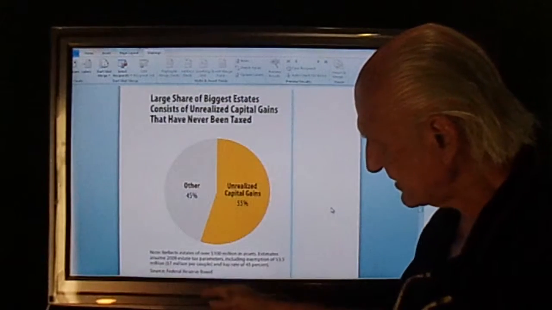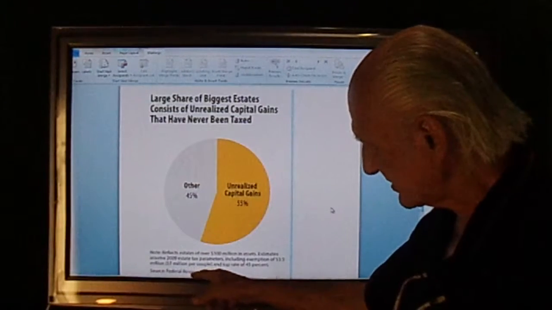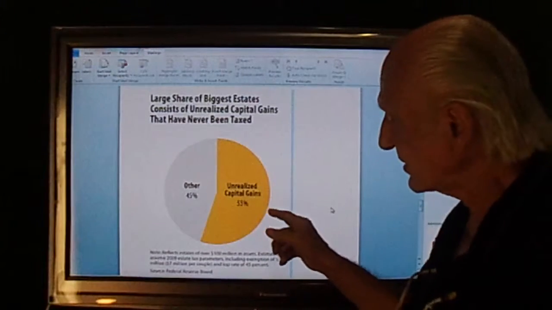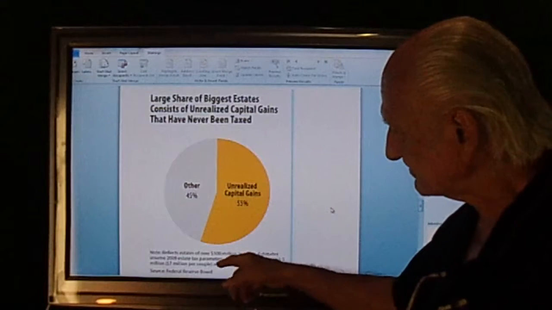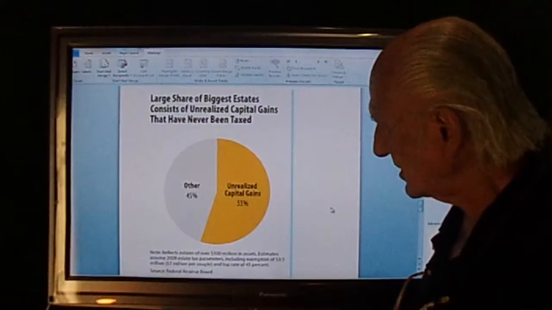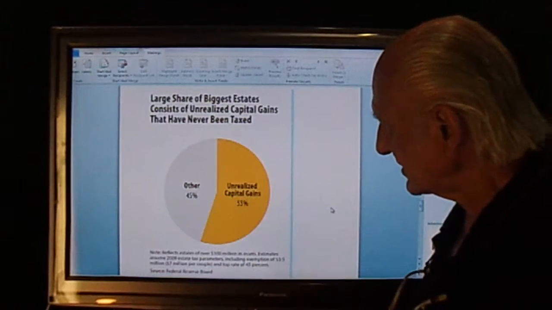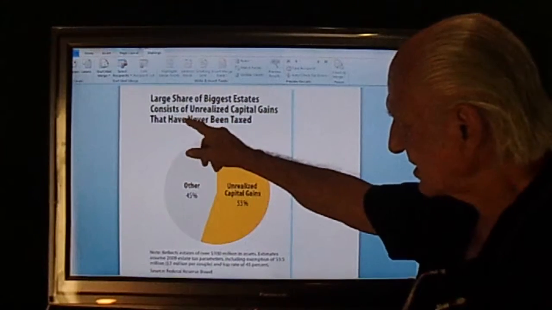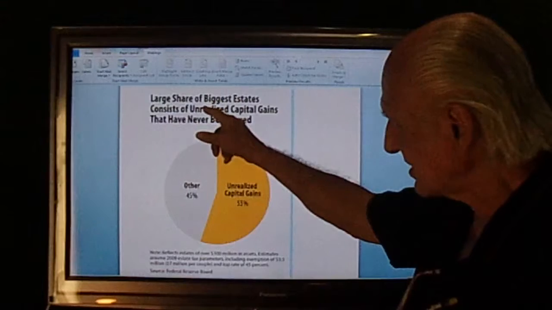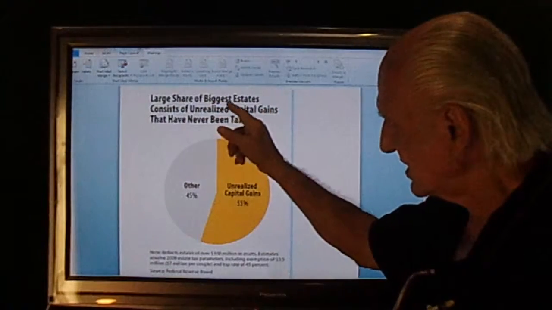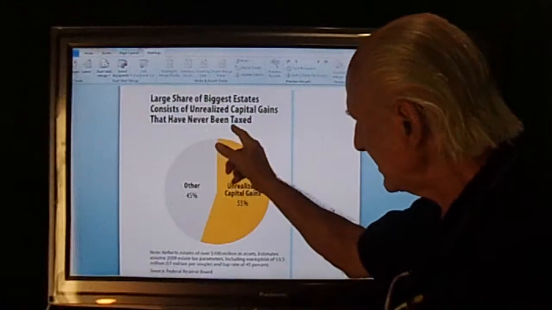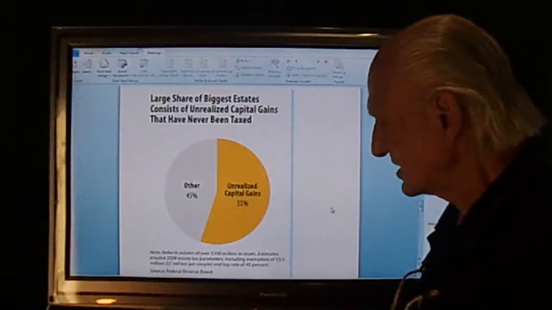And the source of the information, I believe, is the Federal Reserve Board. Now this circular chart here represents the states with assets over 100 million. Now it says up here, large share of biggest estates consist of unrealized capital gains that have never been taxed.